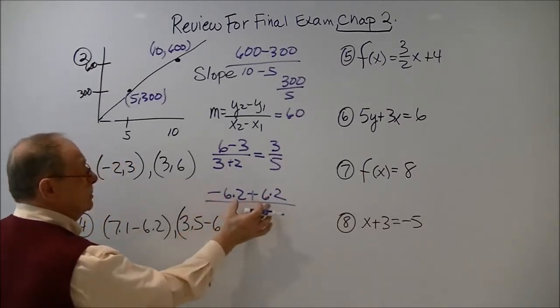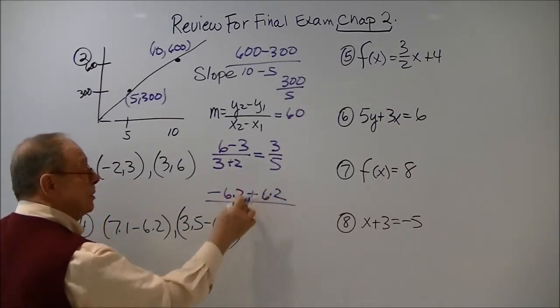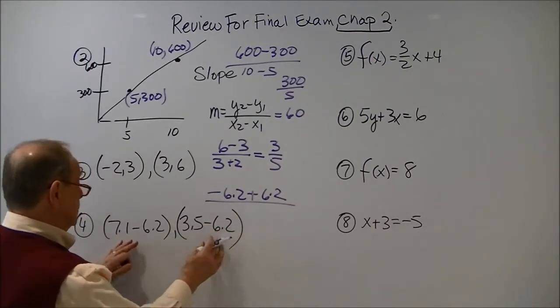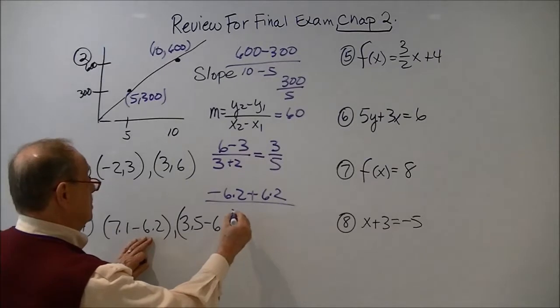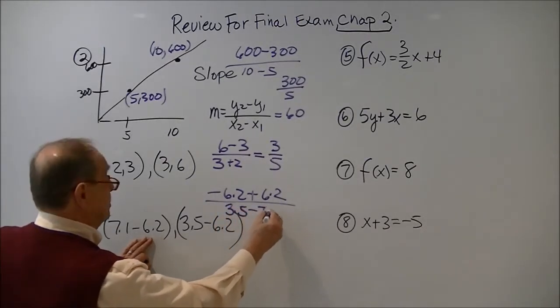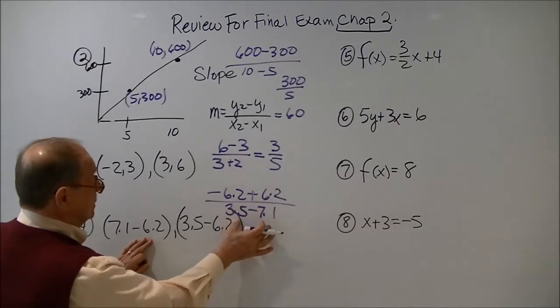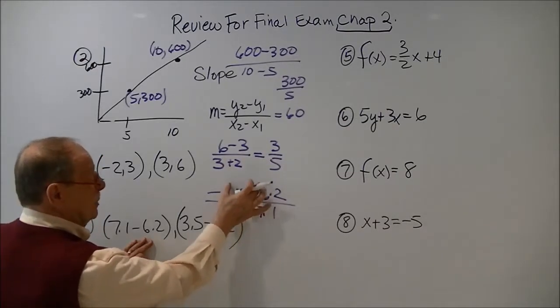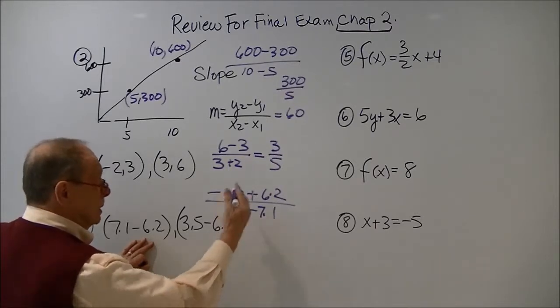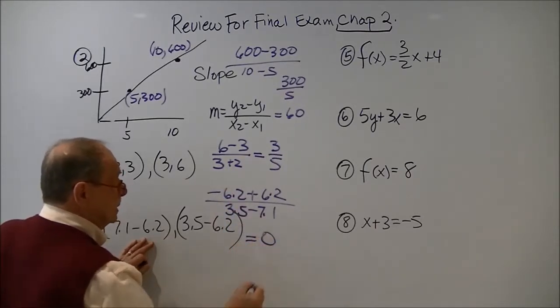And as soon as you see that, that numerator is a 0. So you don't even have to do the bottom. The bottom is going to be 3.5 minus 7.1. We don't care what this result is, because we know that's a 0 and this is a number other than 0. So the slope for this one is 0.